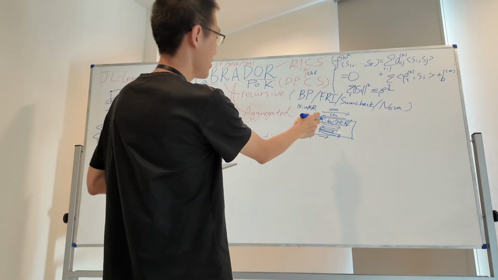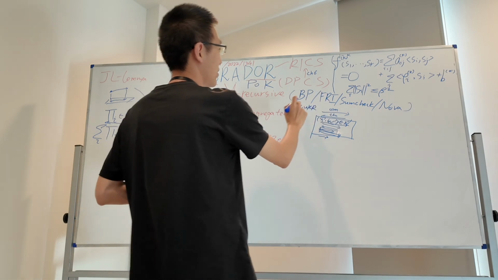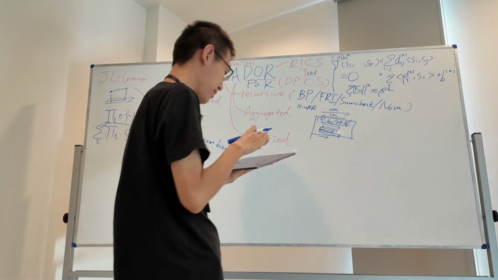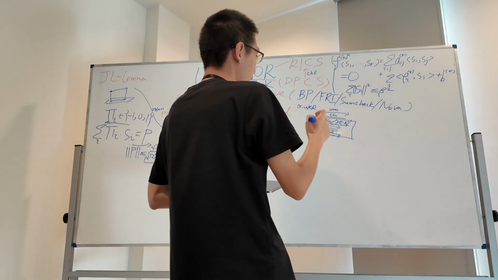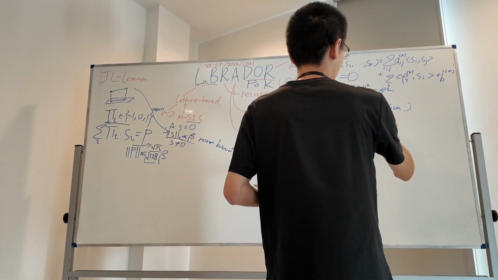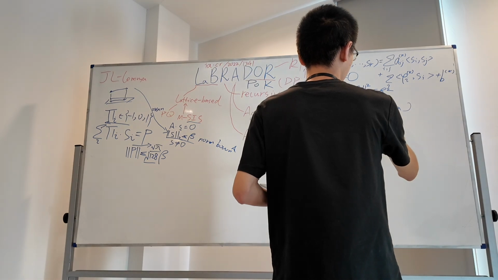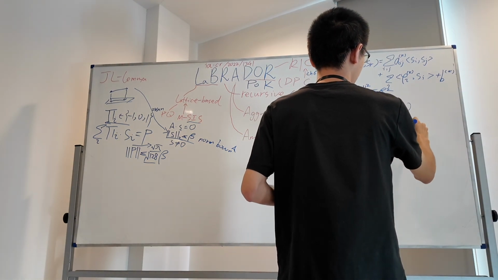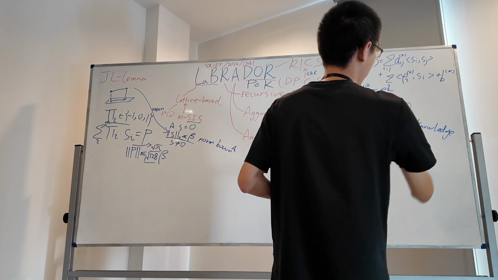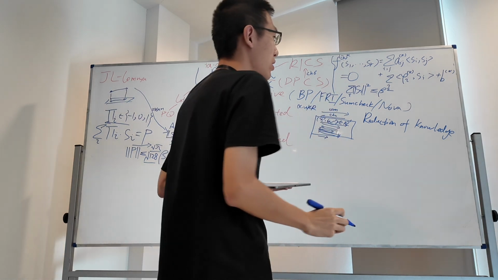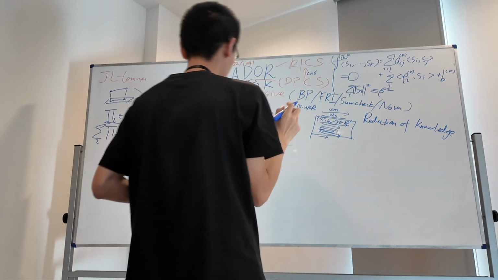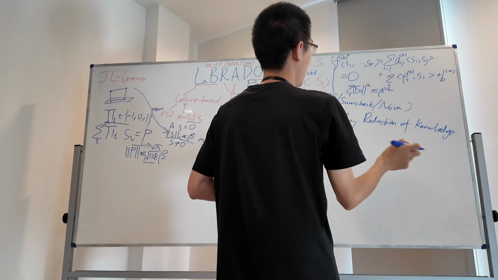And this structure appeared in all of these protocols, and I think it can be abstracted into something called the reduction of knowledge framework. It's a framework to prove this kind of abstract structure in a very modular way.